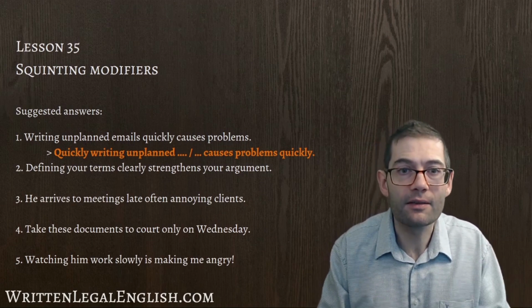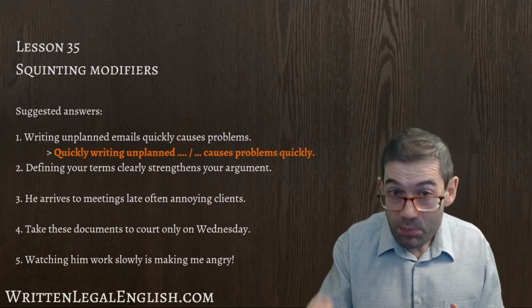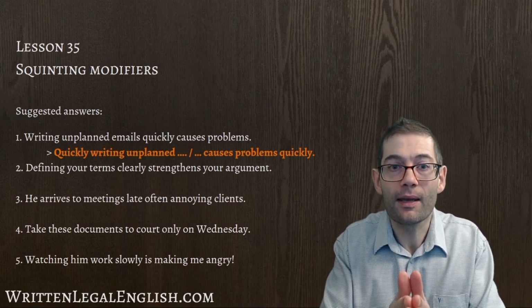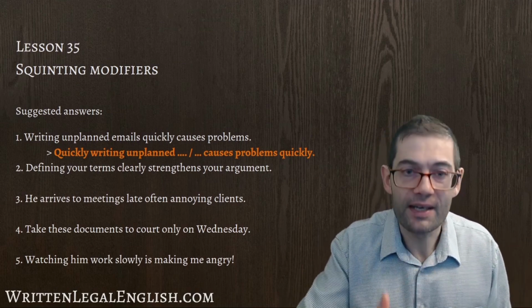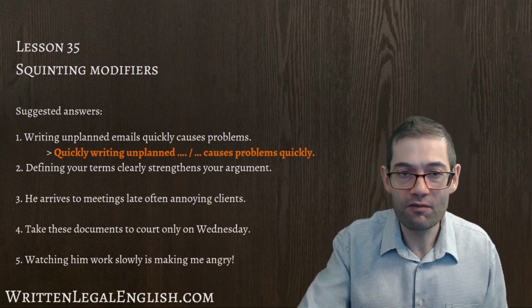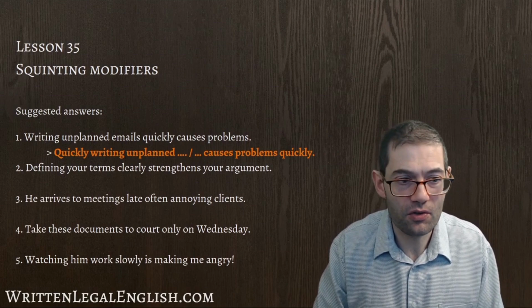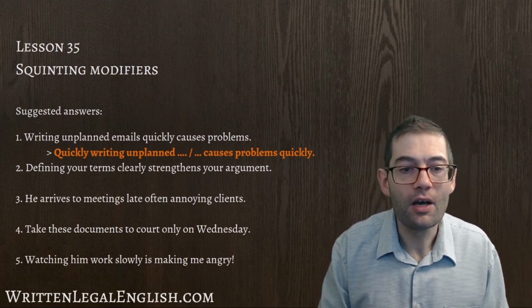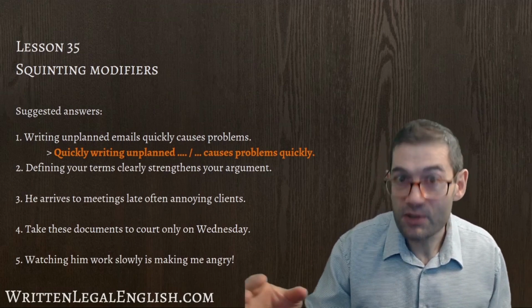So writing unplanned emails is one verb structure, and then we've got causes problems, which is another verb structure. And so quickly is a modifier that modifies verbs, because quickly is an adverb and adverbs modify verbs. So these are the two messages that could be understood. Quickly writing unplanned emails causes problems, or writing unplanned emails causes problems quickly.